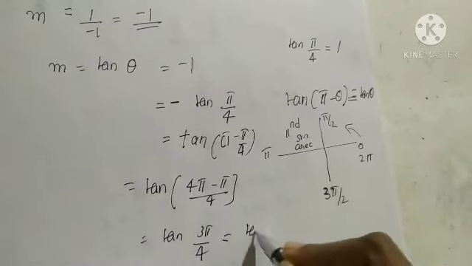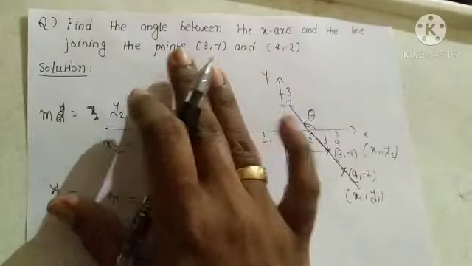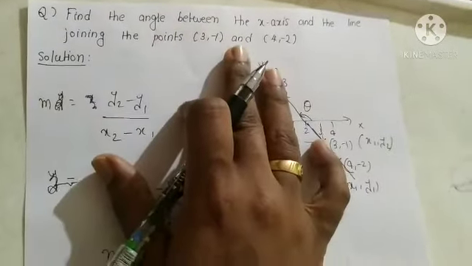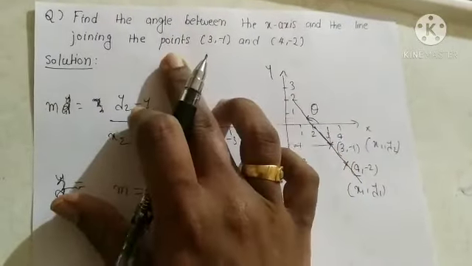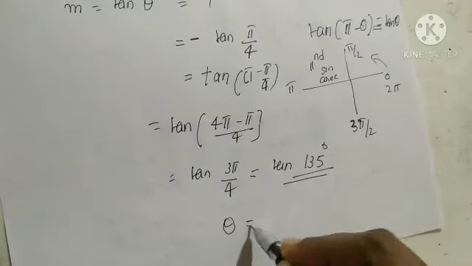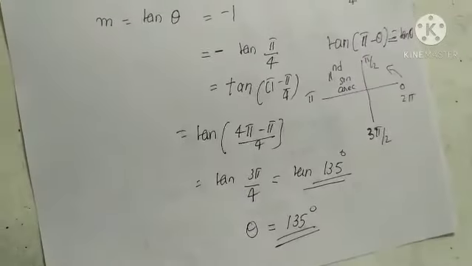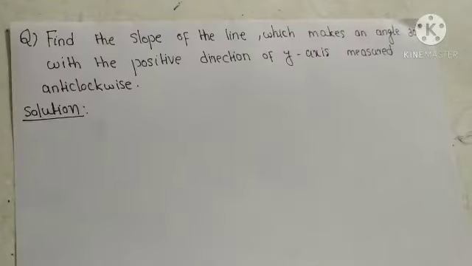Tan 3 pi by 4 means tan 135 degree. So the question is to find the angle between the x-axis and the line joining these 2 points. So now we get angle theta is equal to 135 degree. Okay, I hope you understood this question.